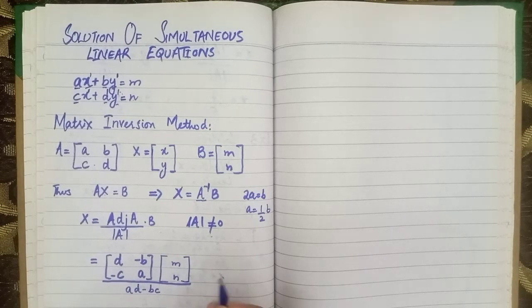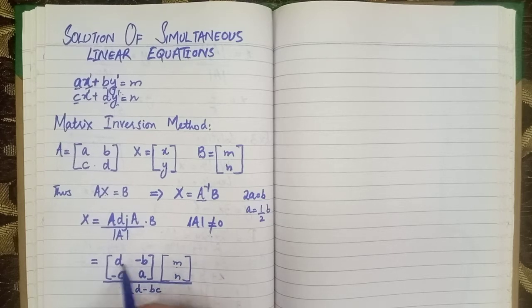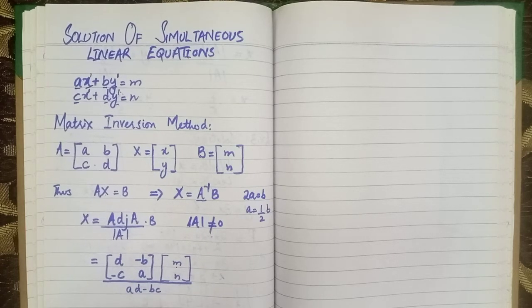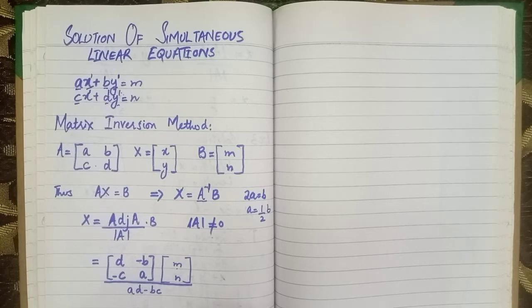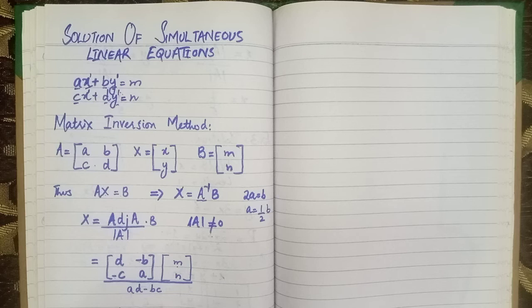Now you can do the multiplication between this matrix and this matrix. dm minus bn is the first entry, then minus cm plus an would be the second entry.